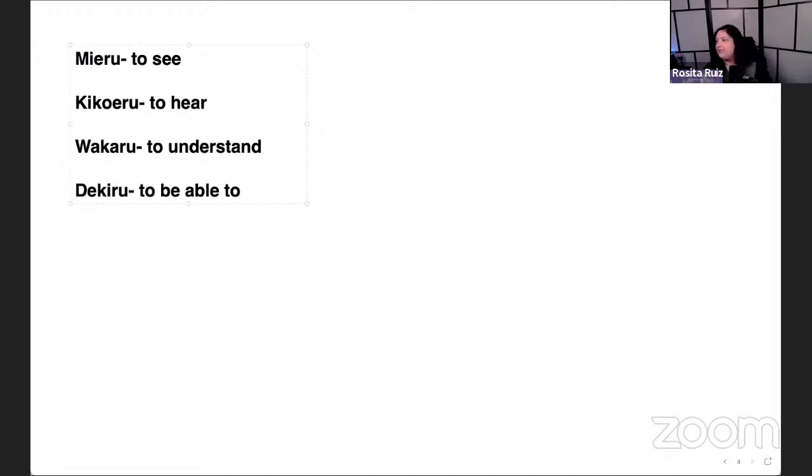So, for an example, oh my goodness, we can see Fuji-san. So we can see Mount Fuji! Fuji-san ga miemasu yo.